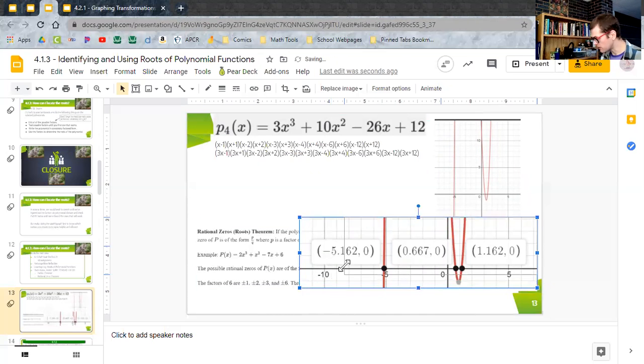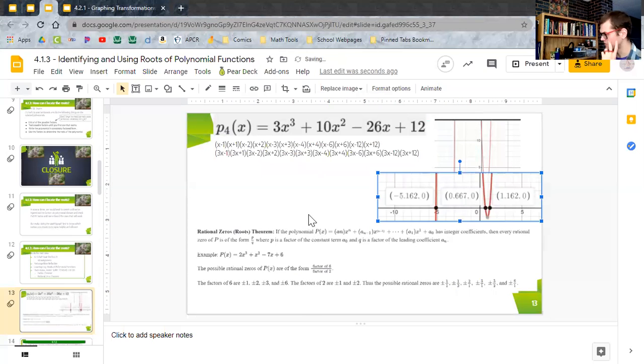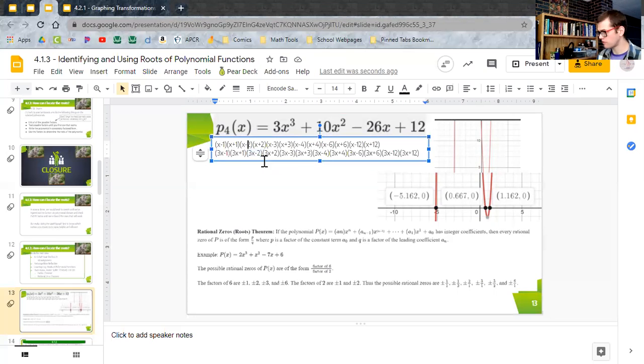So I'm going to minimize this a little bit. All right, so a couple of those I don't recognize immediately, but the one I do recognize right away is 0.667. That is 2/3. So that means this one, 3x minus 2, is a possible factor.